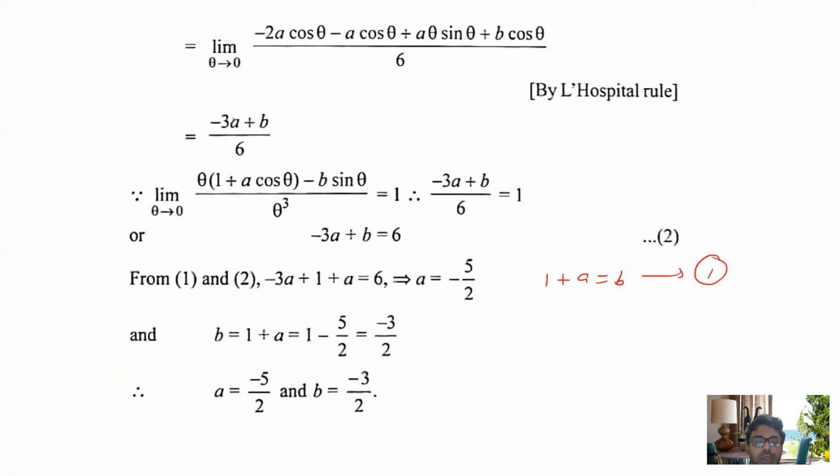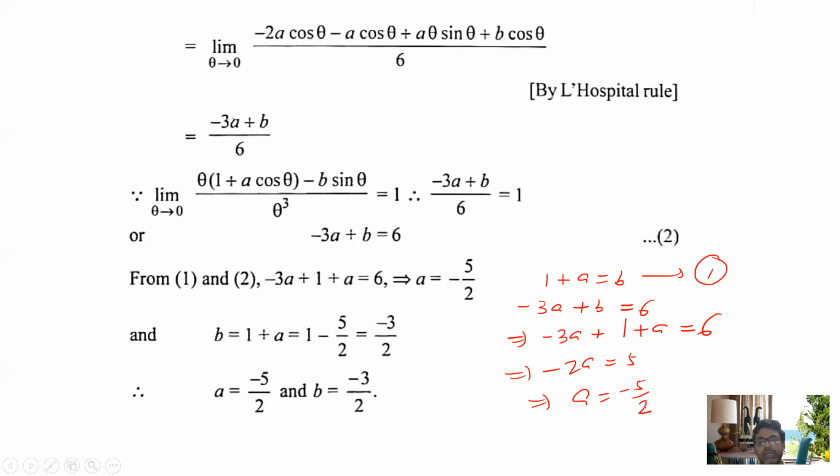Here you have minus 3a plus b is equal to 6. So ultimately you have minus 3a plus 1 plus a is equal to 6. So ultimately you have minus 2a is equal to 5. So ultimately you have a is equal to minus 5 by 2. Clear?